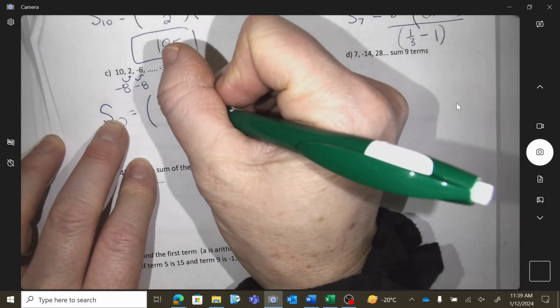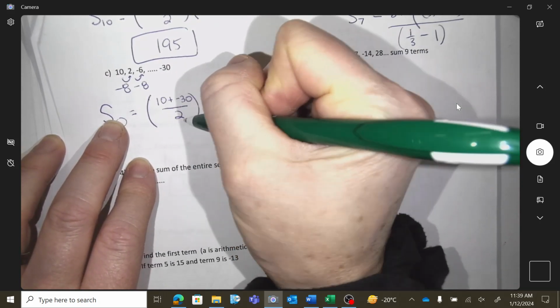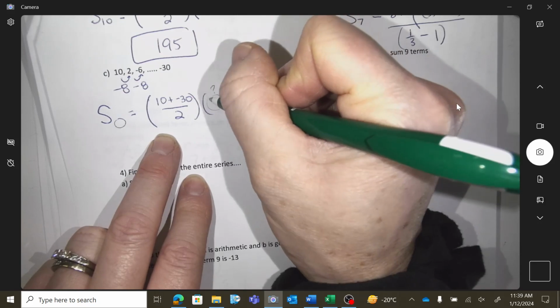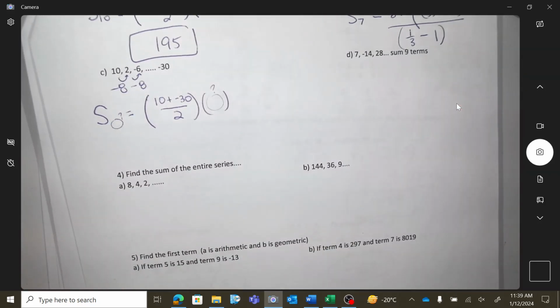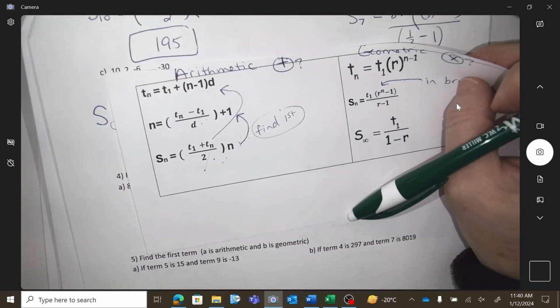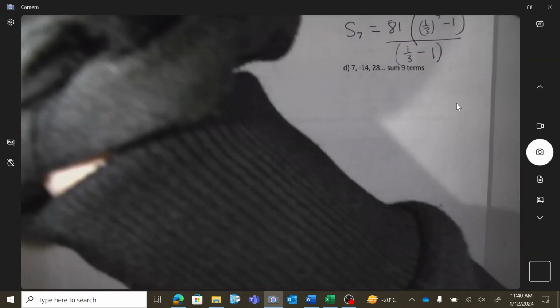So I'm going to do the first term plus the last term over 2 times, I don't know how many terms this actually is. So again, when you use this formula, more often than not, you have to find the other thing first.